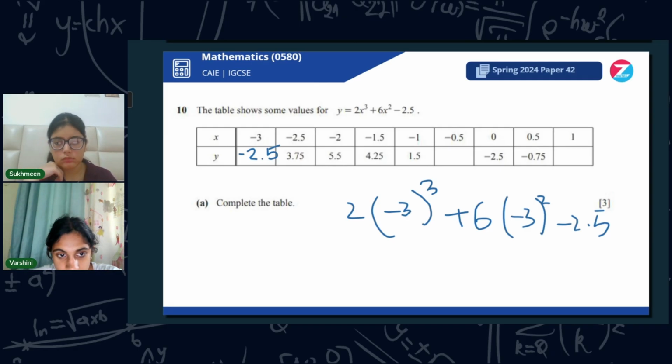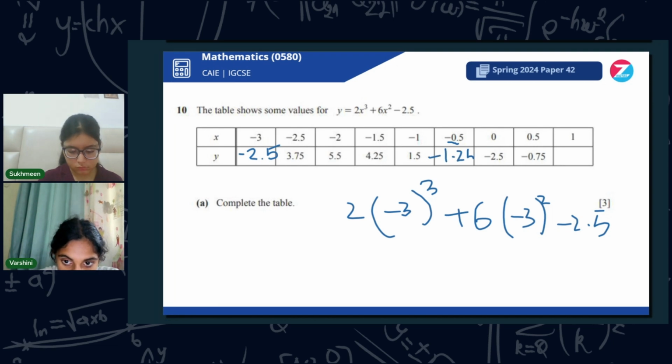Instead of minus 3, put in minus 0.5 in your calculator, and you should get minus 1.25. And lastly, just put in 1, and you should get 5.5.